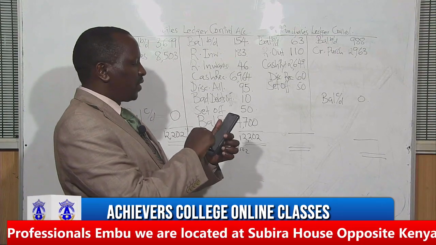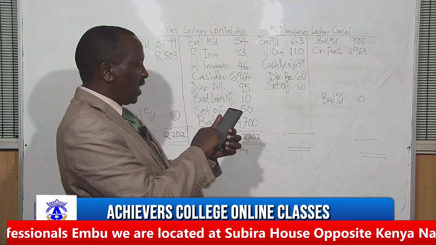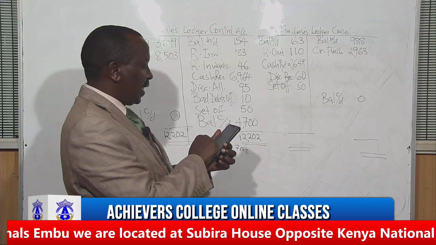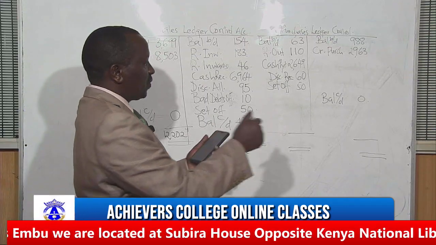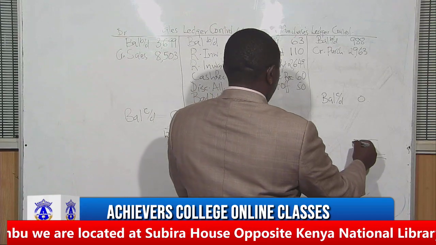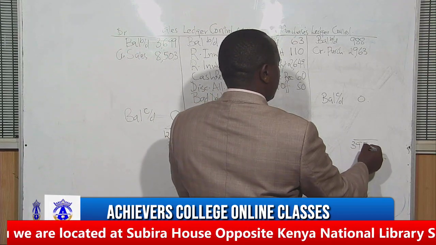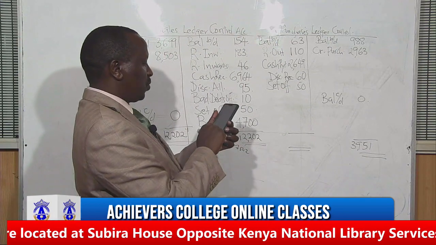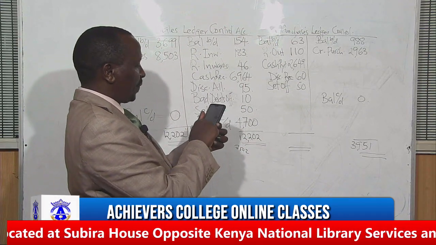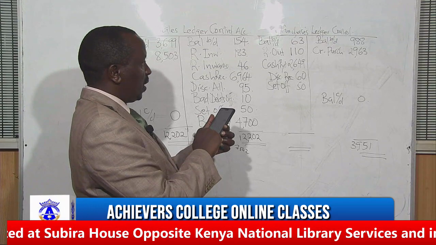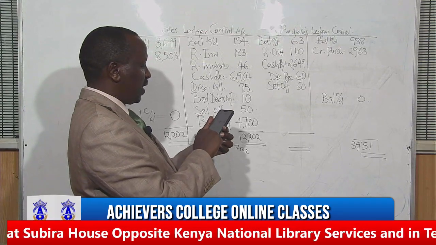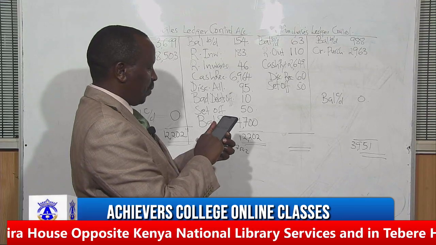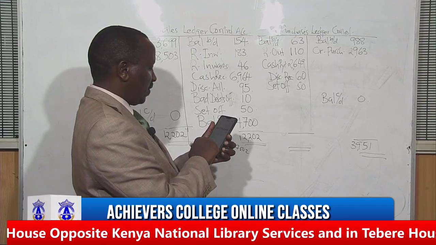You get to the creditors. We have 988 plus 2963. That one gives you 39.51. Then if you minus, the other side has 110 plus 26.49 plus 60 plus 50.